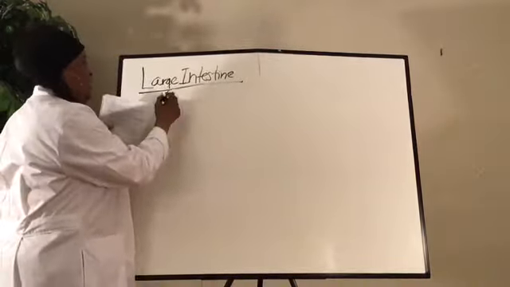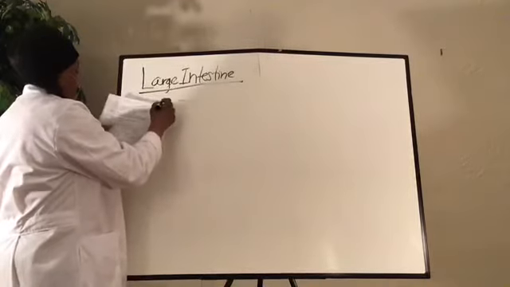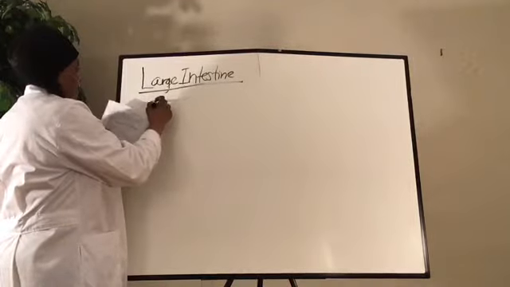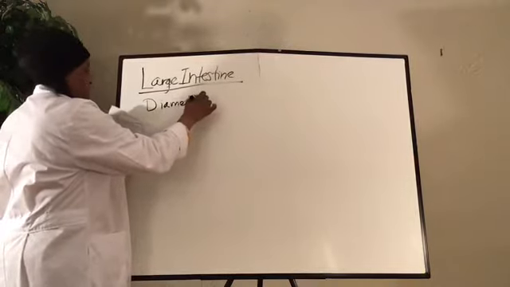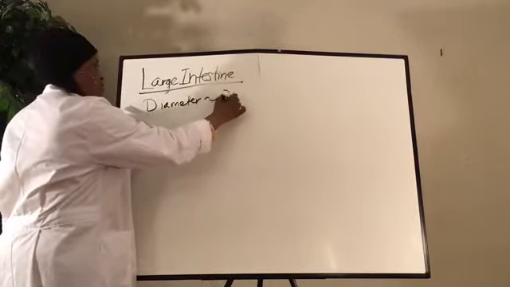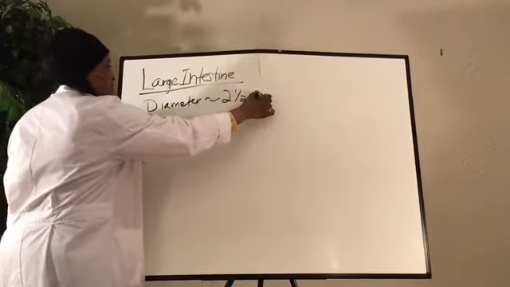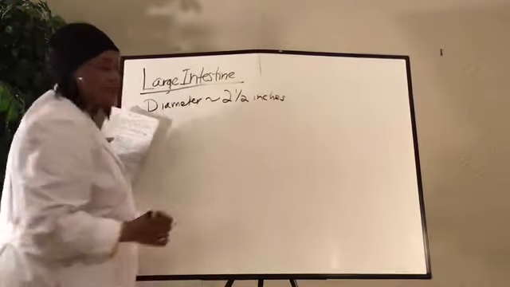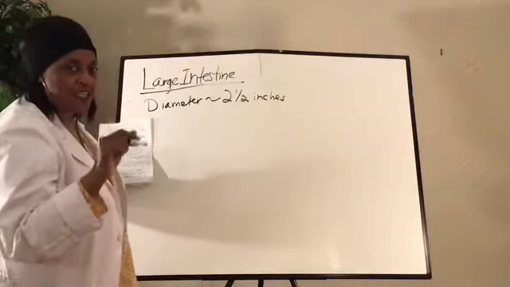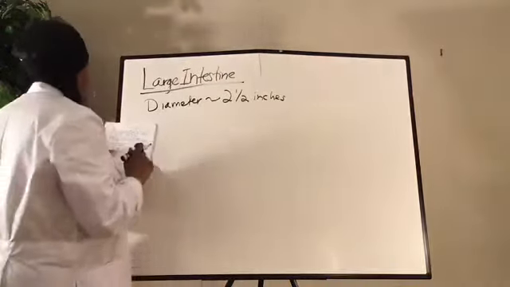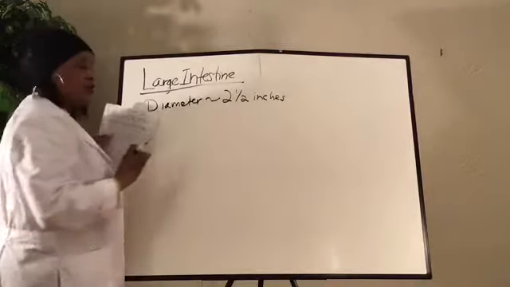It's noticeably larger than the small intestine. The diameter is about 2.5 inches. That's much larger than the small intestines, which was only 1 inch. And it's much shorter than the small intestine.